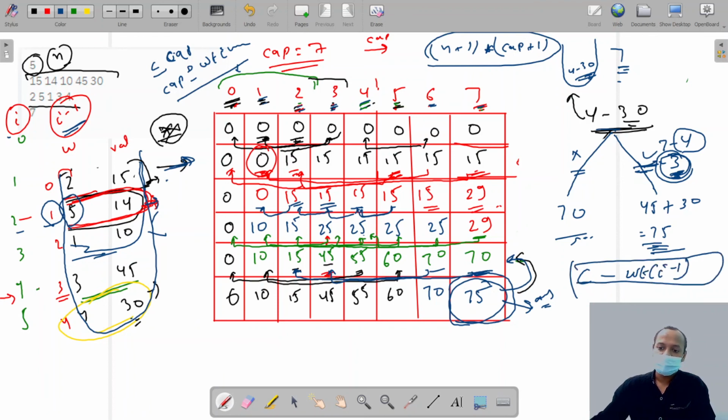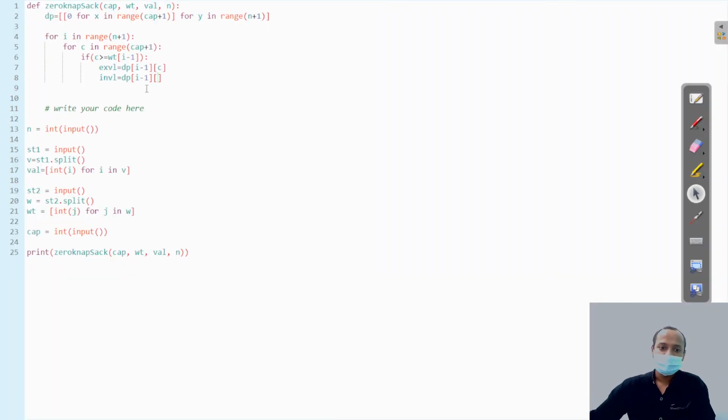This is our column. If capacity is 6 and the weight is 3, we subtract and get 3, and we look at this column. So c minus weight of i minus 1.